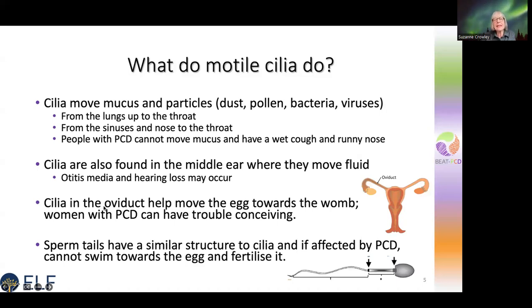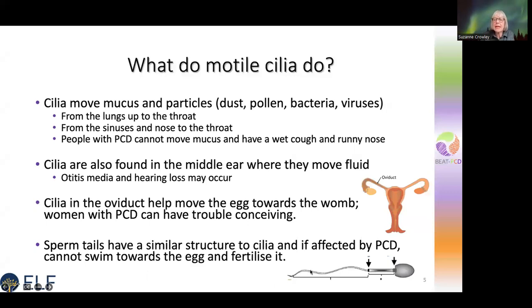The cilia in the oviduct, the tube that goes from the ovaries down to the womb, help move the egg towards the womb, so some women with PCD can have trouble conceiving because the egg isn't moving normally. Similarly with sperm, this is the sperm tail here, and this is the head of the sperm here.